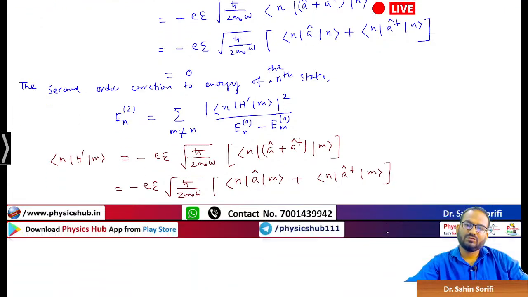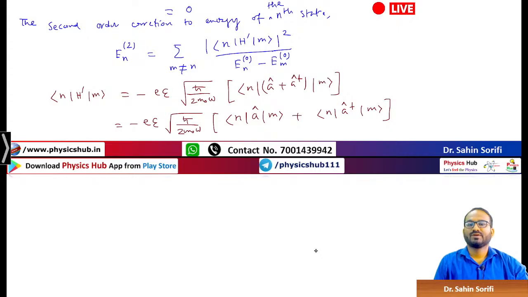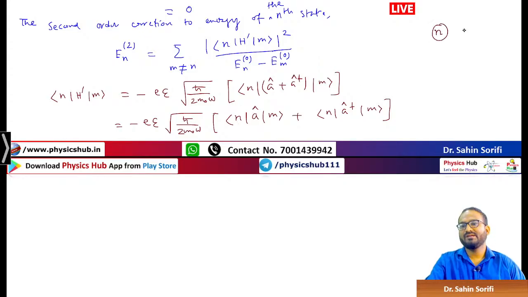Now you see which value of m will survive. Look, m can take all integral values because n starts from 0, 1, 2, 3 and so on: ground state, first excited state, second excited state, third excited state and so on. This is the n value for the 1D harmonic oscillator potential case, right?